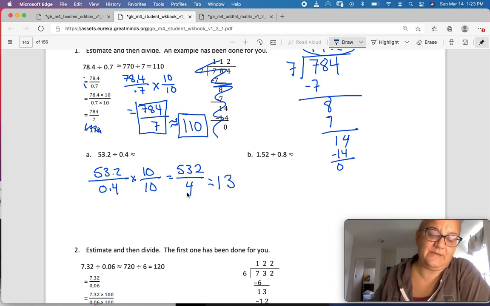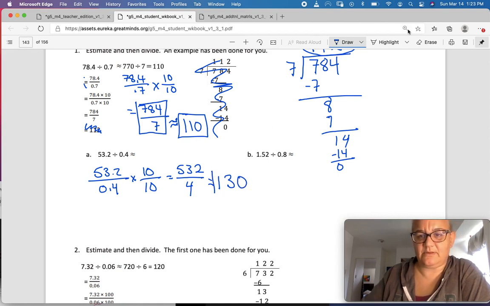Okay, and then how many times would it go into 12? So I'm going to say 130 is my estimate. Okay, again, I wrote an equal sign, but it's not equal, it's an estimate. Okay, so that's my estimate, right? 4 goes into hundreds 1 time. It would go into 130 2 times. Okay, so that's my estimate there, 130.